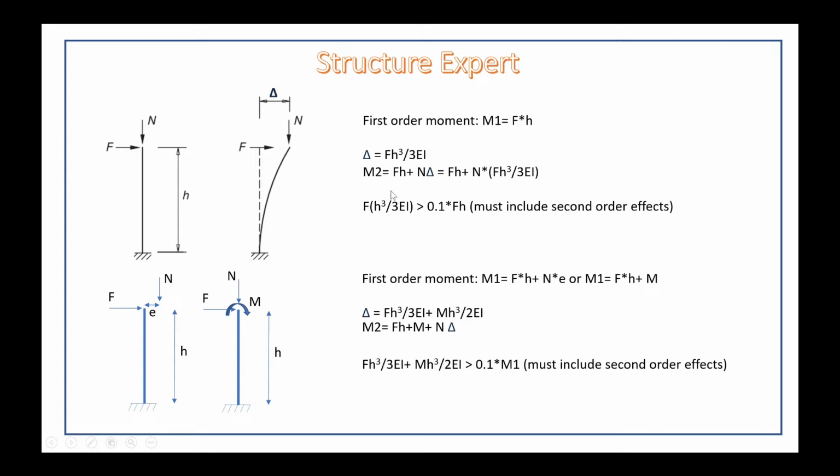Second order moment, you can use the formula: the first order moment applied with N multiplied with the big delta. And if this value is greater than 0.1 multiplied with the first order moment, you must include second order effect.